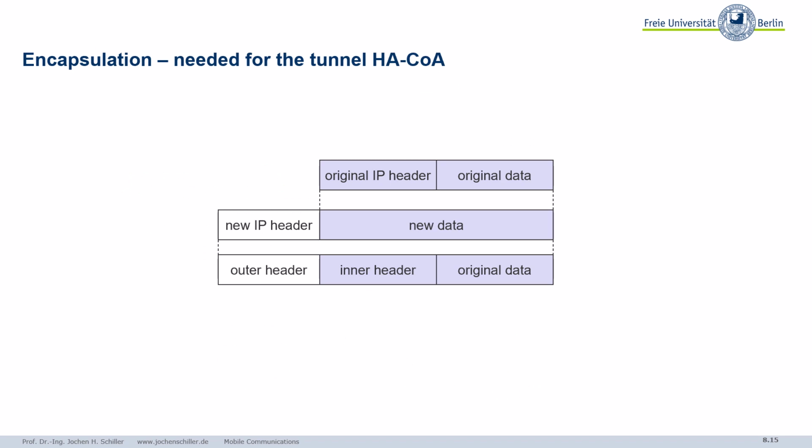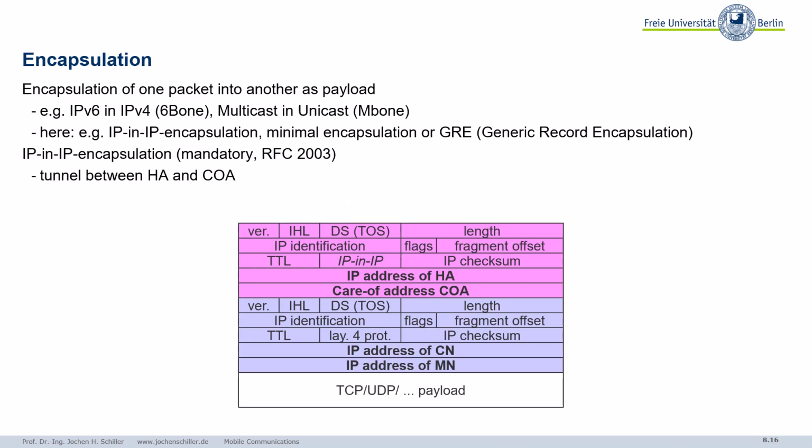To set up a tunnel, you take your original data with a header and the data, put it in a new packet, and you have a new IP header. So then you have an outer header and an inner header. And the outer header, in the simplest case, is again a full IP header. So that your packet now looks as follows.